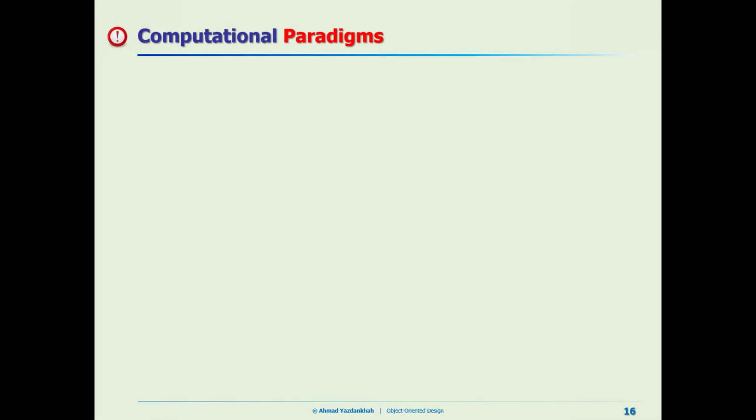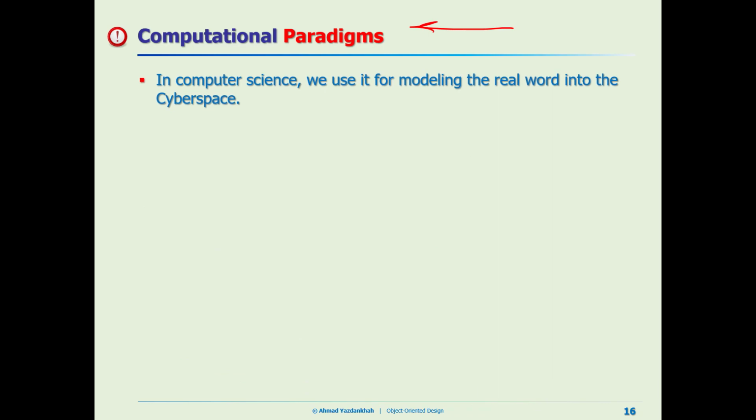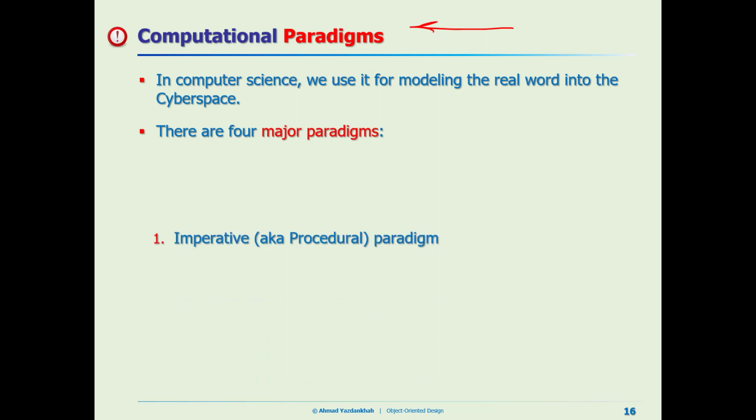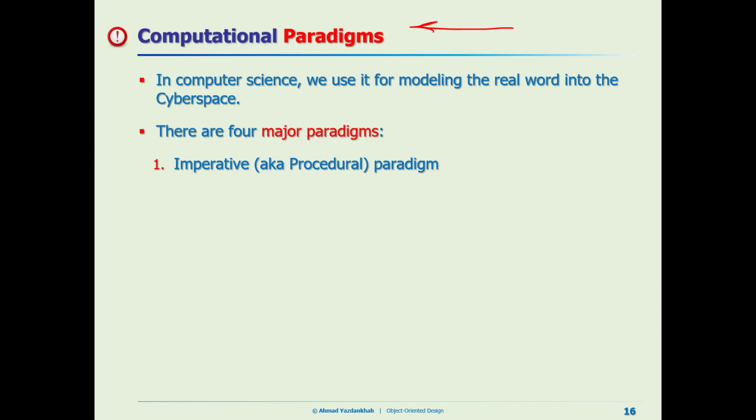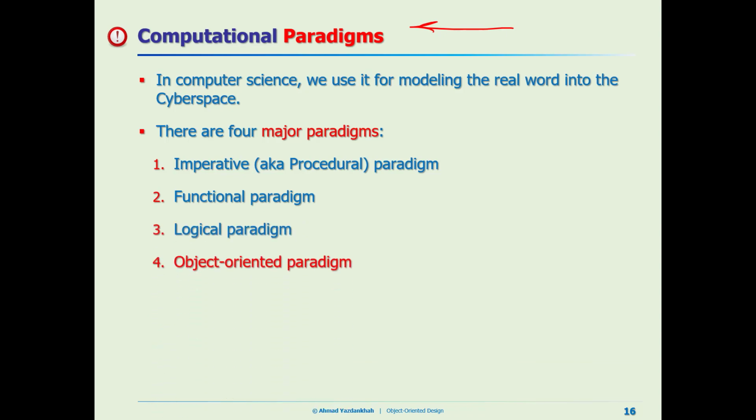Okay, so computational paradigm. In computer science, we have four major paradigms. All right. One is the imperative or procedural paradigm, functional paradigm, logical paradigm, and object-oriented paradigm.